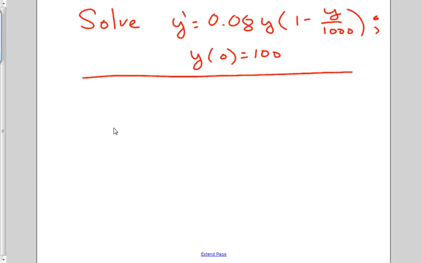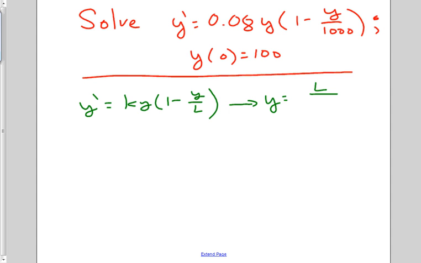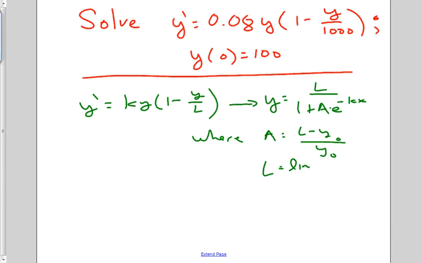Just as a review, if we have the derivative being equal to the following, we can get this equation: y equals L over 1 plus a times e to the negative kx, where a equals L minus y naught over y naught, and L is your limiting amount. Or in other words, it's the max that your y gets close to but doesn't equal.